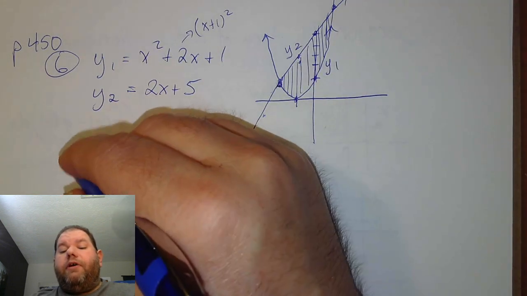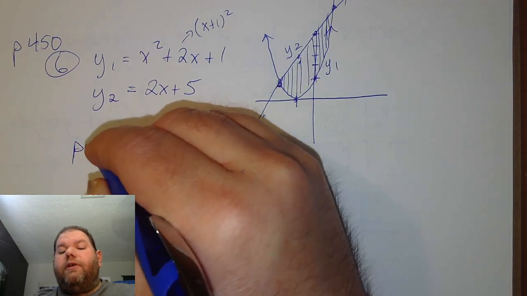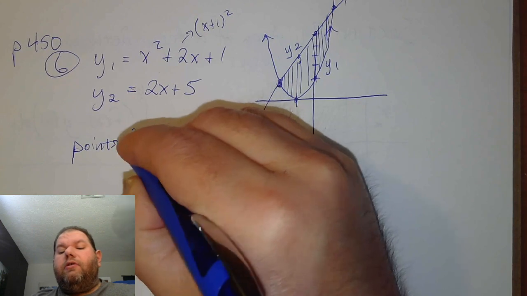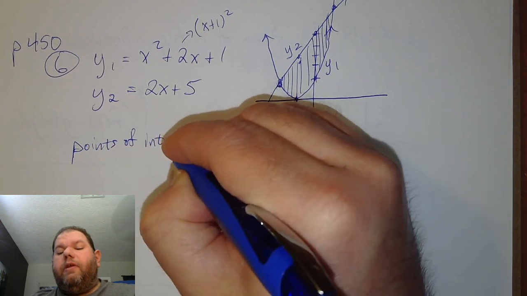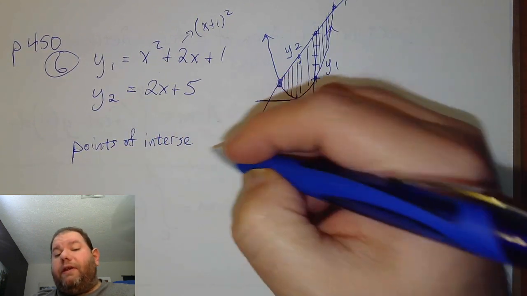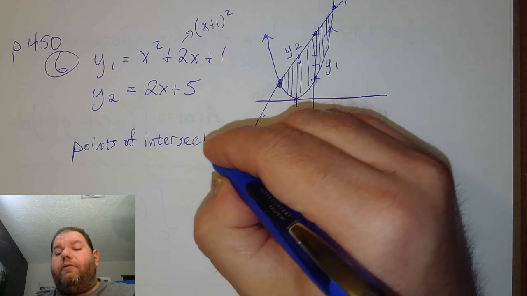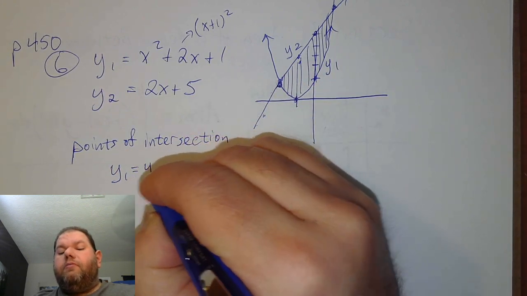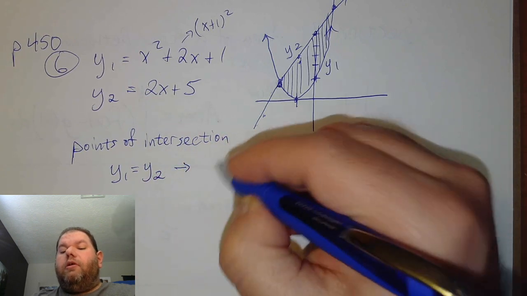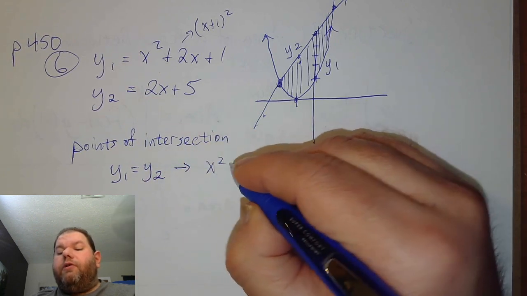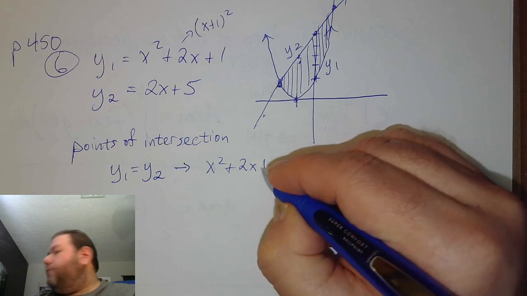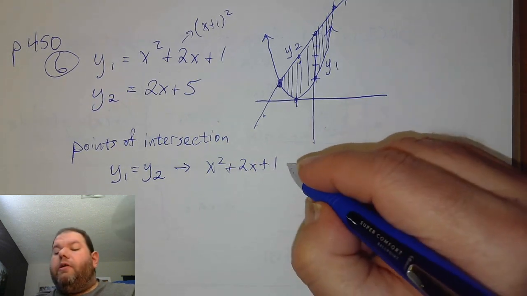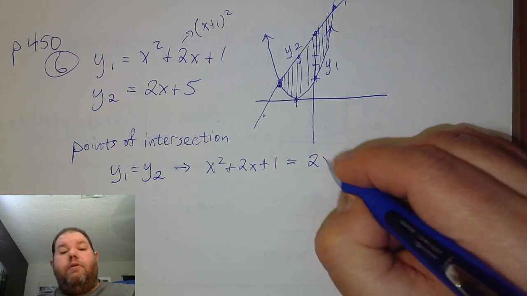So if we want to find the points of intersection, we'll go ahead and set y1 equal to y2. y1 is x squared plus 2x plus 1. y2 is 2x plus 5.